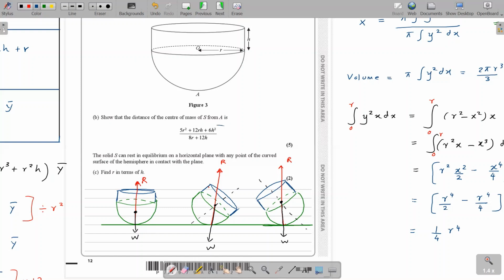The center of mass distance, you measure it from this point A. So if the center of mass of the compound object is going to be at the center of the hemisphere, the center of mass distance must be equal to R. Is that clear? So basically you make this equal to R and then find R in terms of H. Okay, is this clear?